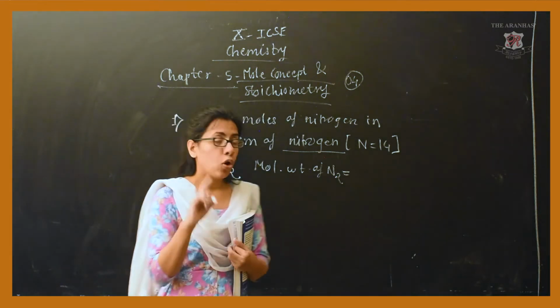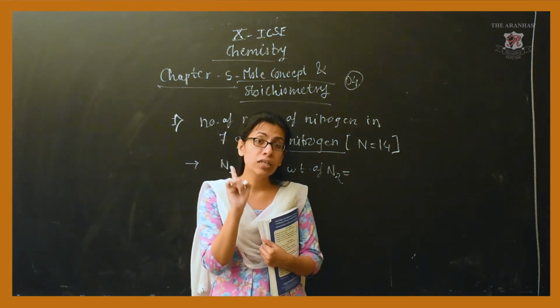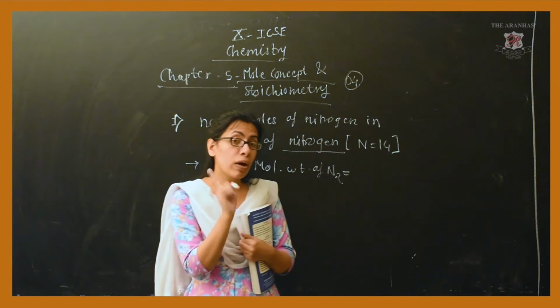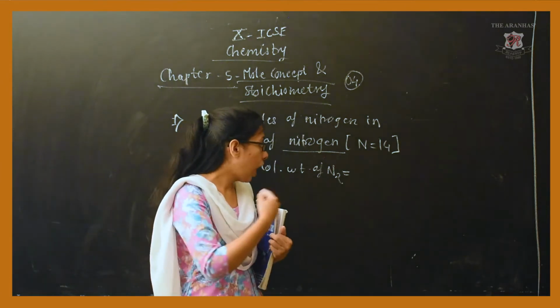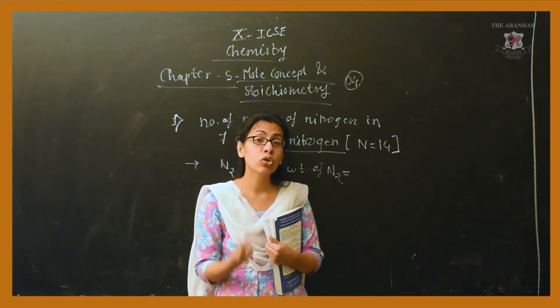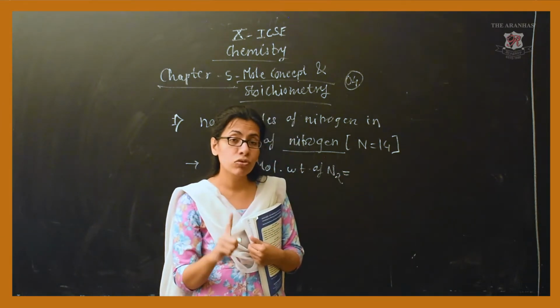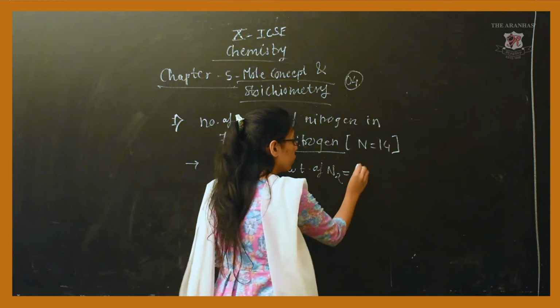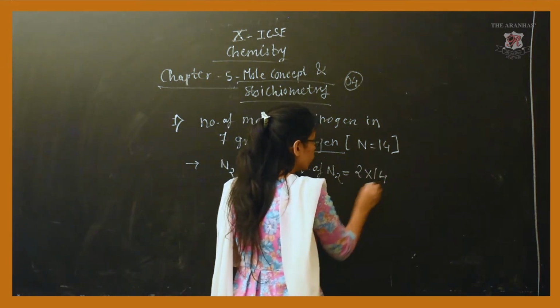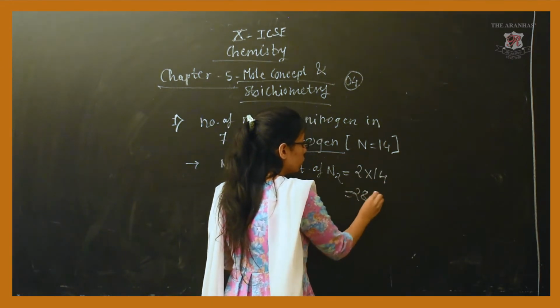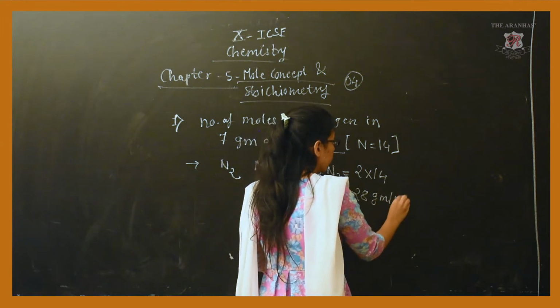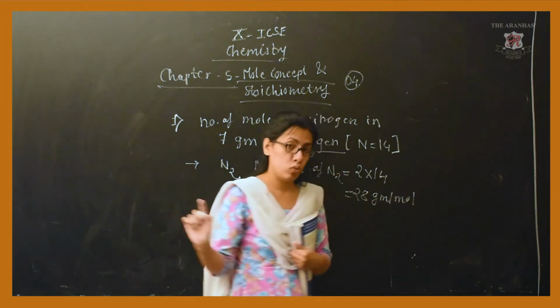Here, there is only one type of atom, nitrogen, but how many nitrogens are there? 2. And what is the atomic weight of one nitrogen? 14. So this becomes 2 into 14, which is equal to 28 grams per mole.